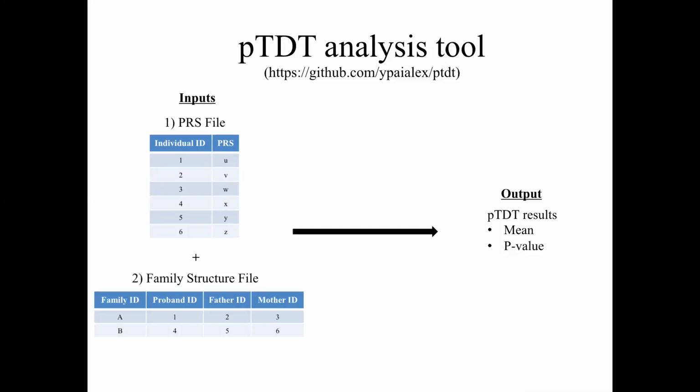And then it gives you basic PTDT results, which is the mean and significance of your test as well as some basic QC. And it's compatible with quads and trios, and also allows you to easily subset your data on, say, families where the proband has a contributing de novo.